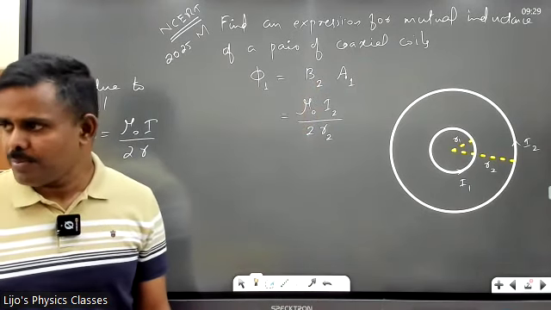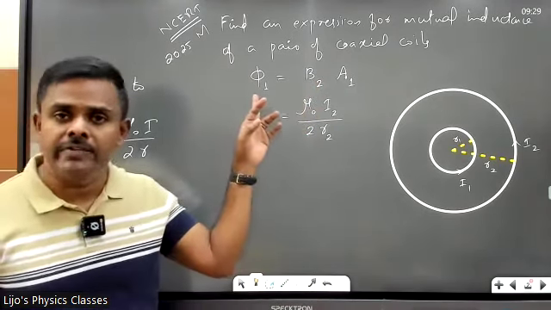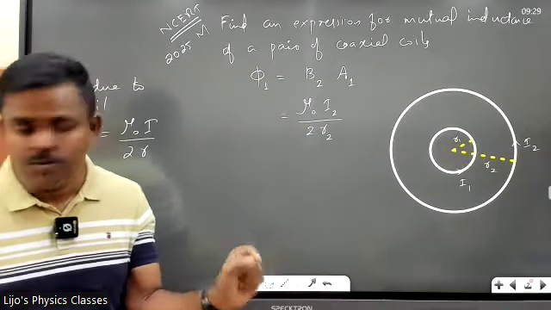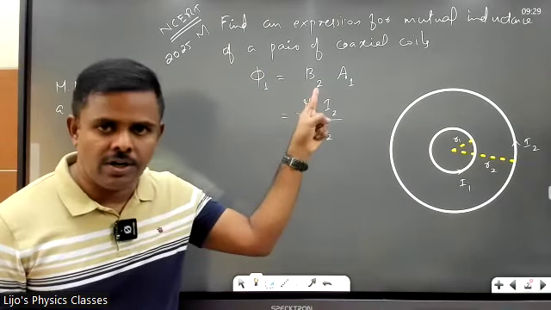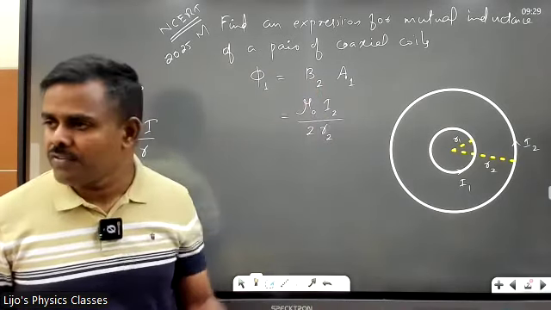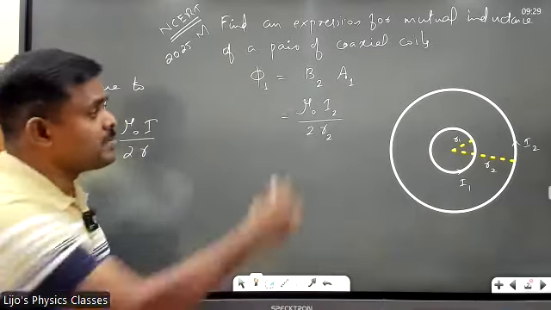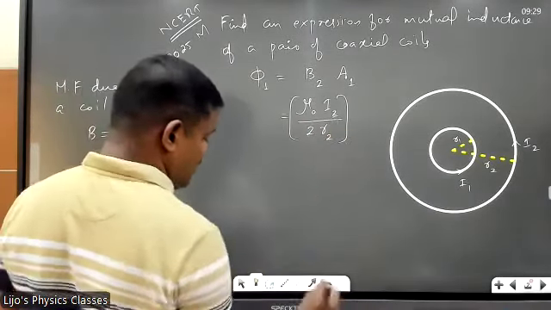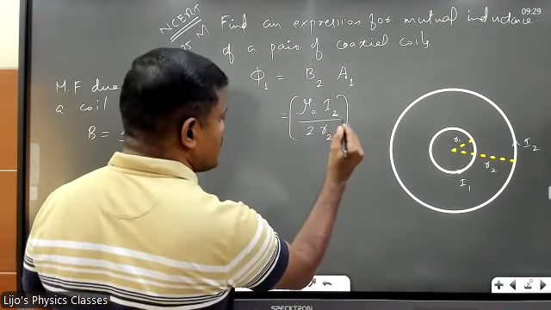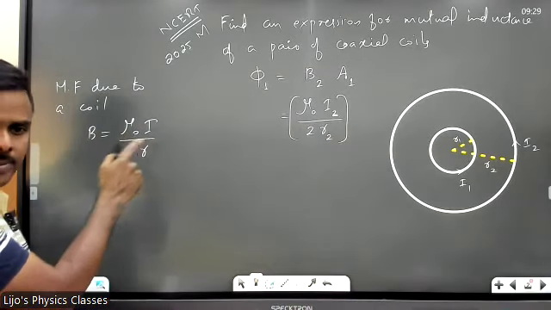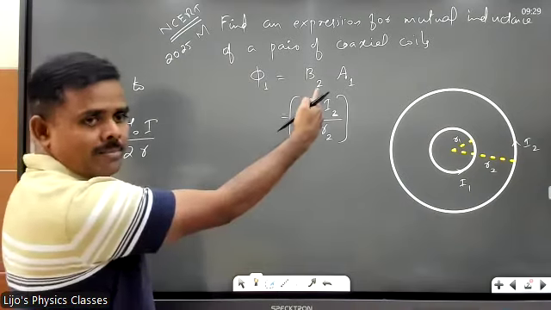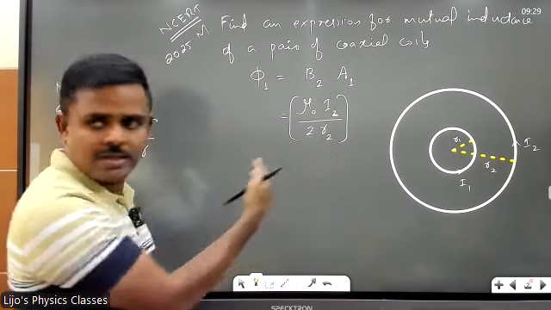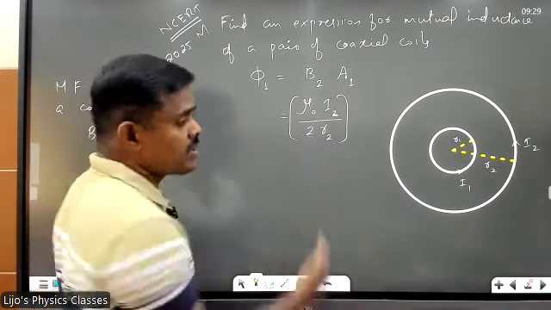I repeat one more time. Magnetic flux linked with first coil is equal to magnetic field of second coil into area of the first coil. Magnetic field of a coil is mu 0 I by 2R. The suffix is 2, so mu 0 I2 by 2R2. What about the area of the first coil?